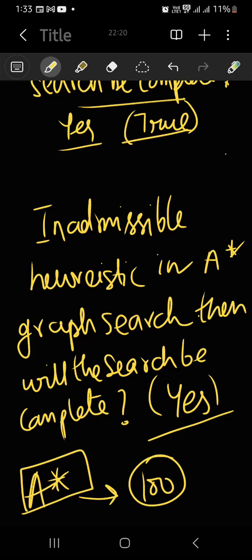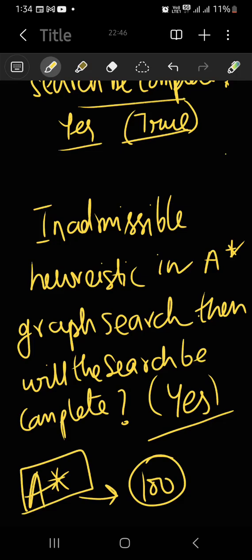So it doesn't matter whether it is doing tree search or graph search, it will eventually reach the solution. What matters is that the path might not be optimal, because an inadmissible heuristic is used, but it will be complete. A star is always complete. In any scenario, A star is complete. Okay, keep that in mind.